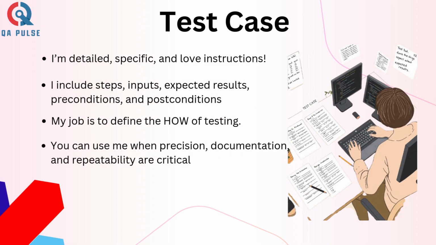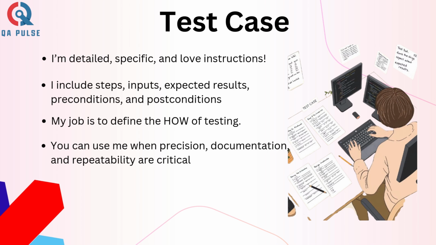Number two, document everything clearly and ensure that tests can be repeated consistently. So basically, test case is perfect for situations where accuracy is the key and you need everything recorded for future reference. Okay, let me give you an example.